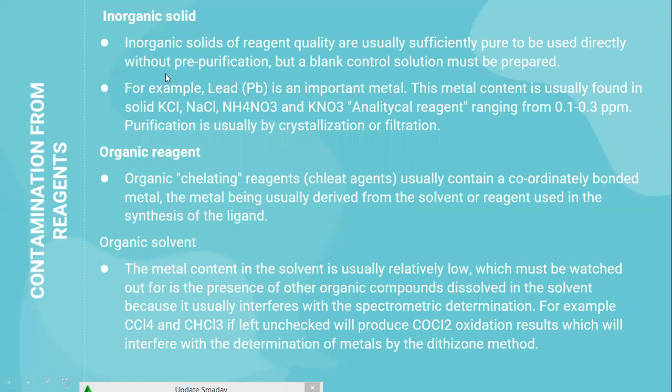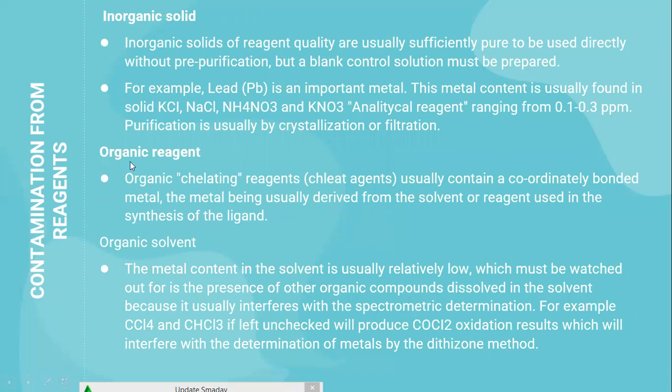The next is inorganic solid. Inorganic solids of reagent quality are usually sufficiently pure to be used directly without pre-purification, but a blank solution must be prepared. For example, lead Pb is an important metal. This metal content is usually found in solids such as calcium chloride, natrium chloride, and the others.